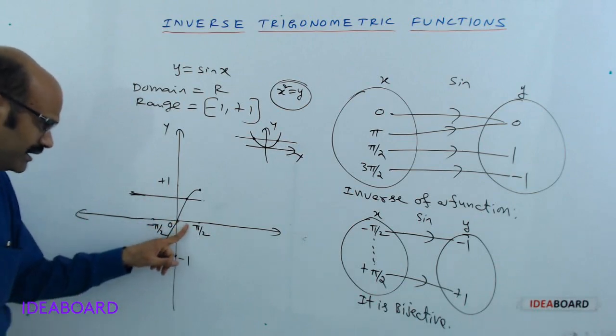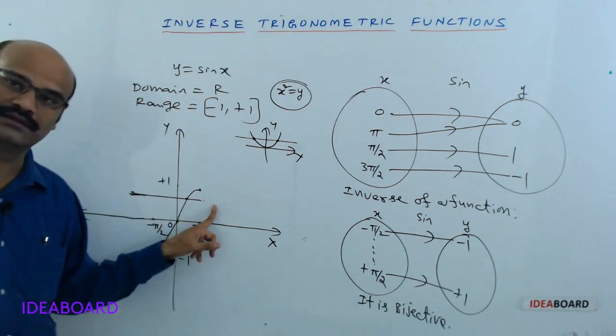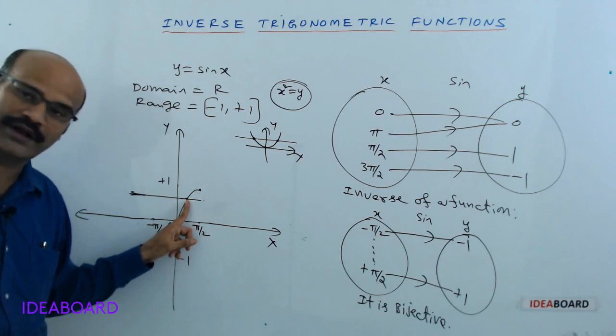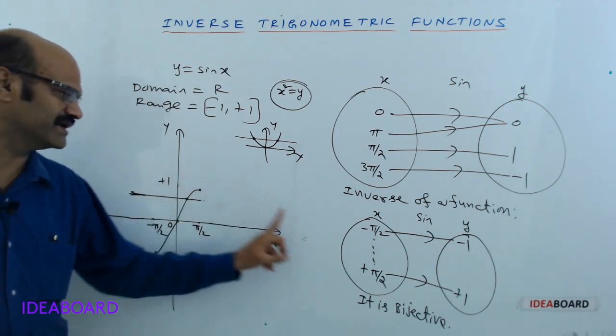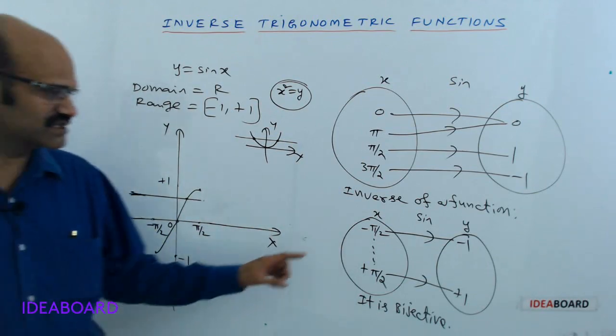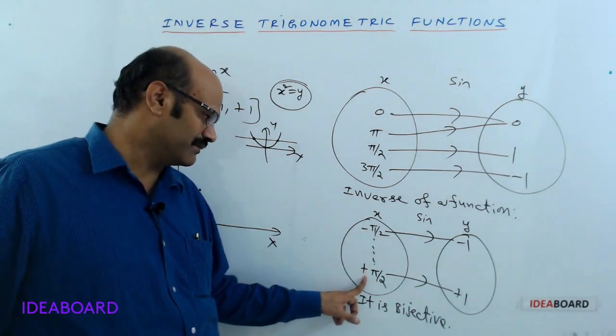Now you draw a line parallel to the x-axis. It cuts the given curve at only 1 point. So clearly the given function is bijective. So we have to restrict the domain from minus pi by 2 to plus pi by 2.